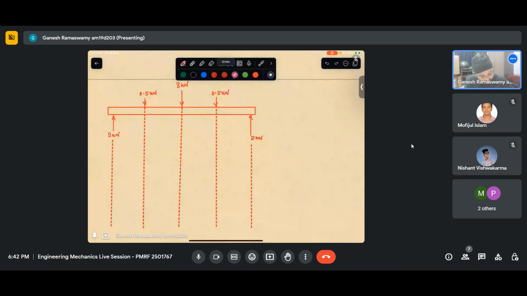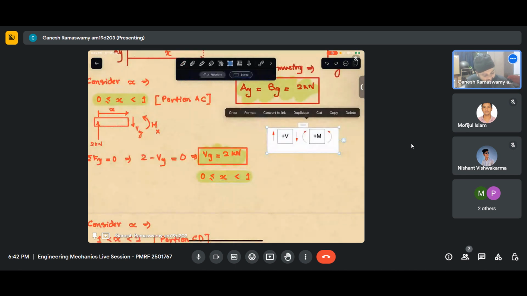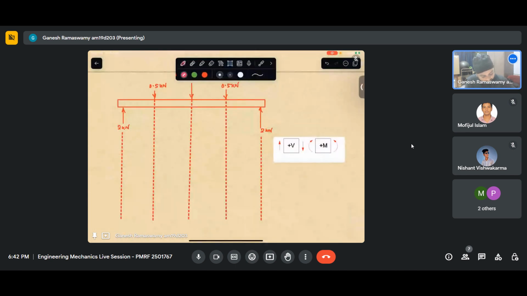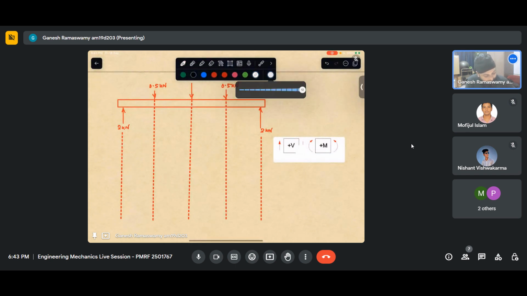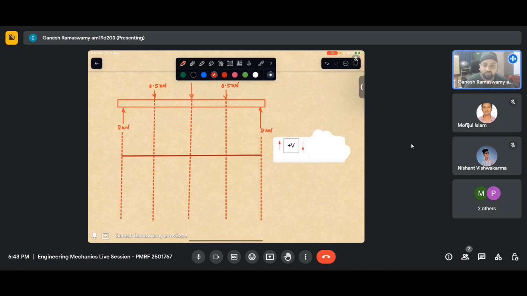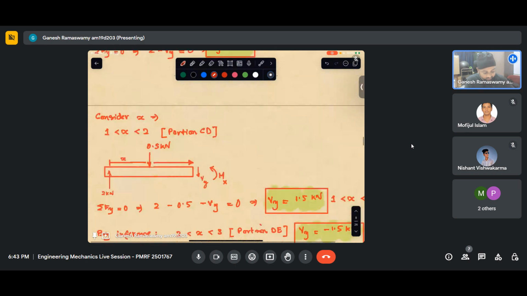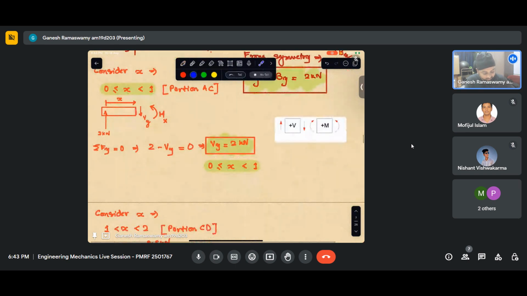Okay, now I have my sign convention here. As of now I'm looking at only shear force, so let me not worry about the moment as of now. So I draw the datum, which implies V is equal to 0. Now for the first section, according to my sign convention, V is 2 kilonewton, and that varies from 0 to 1, right?